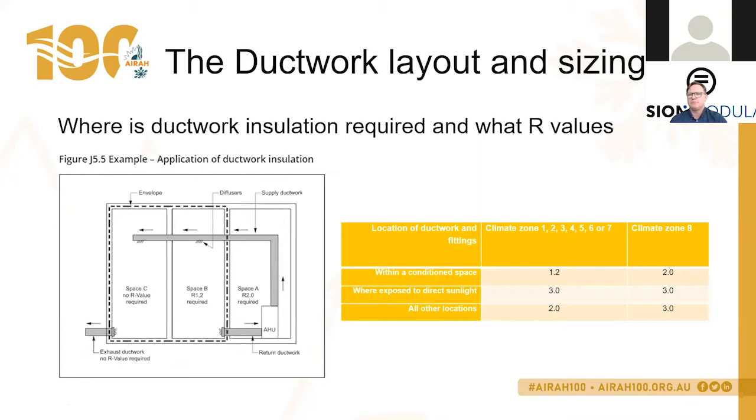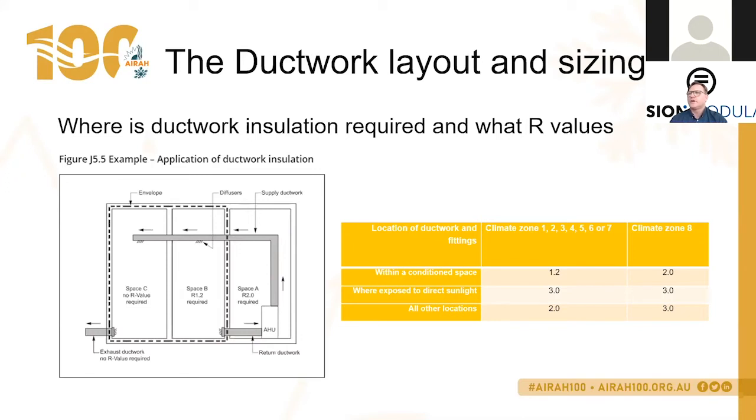From the guide on the Building Codes Board's website, on the NCC website, there are examples in the code, and the diagram on the left is an example that they've provided in the supporting documentation. We have an air handler sitting in the corner of a plant room, and it's supplying two spaces, space C and space B. Space A is the plant room.